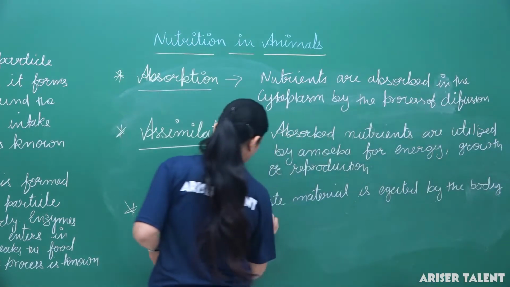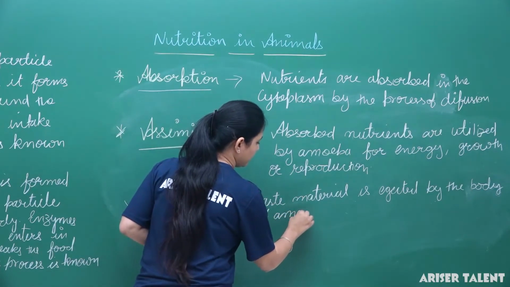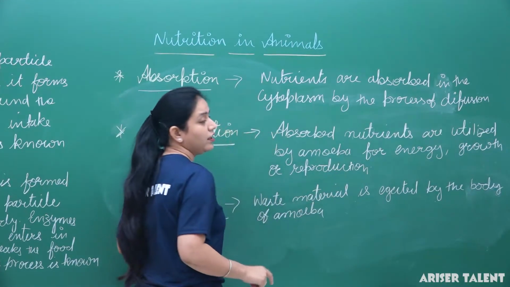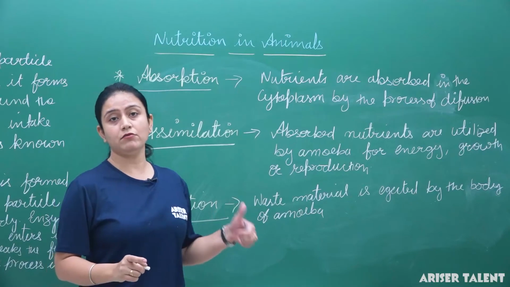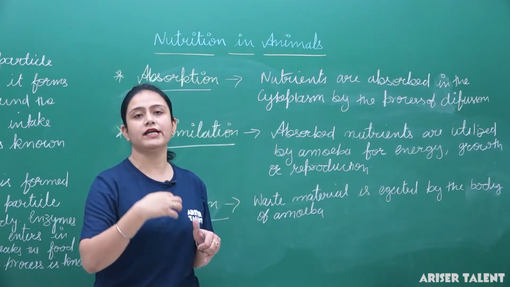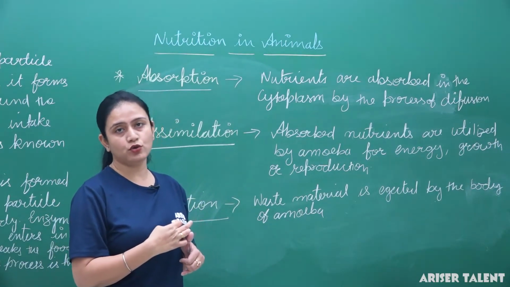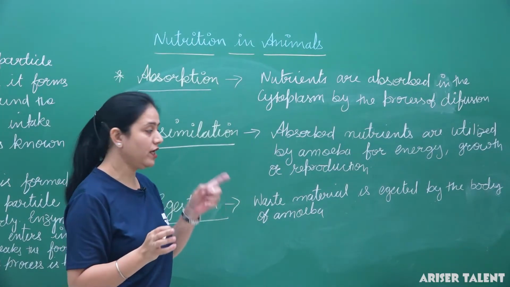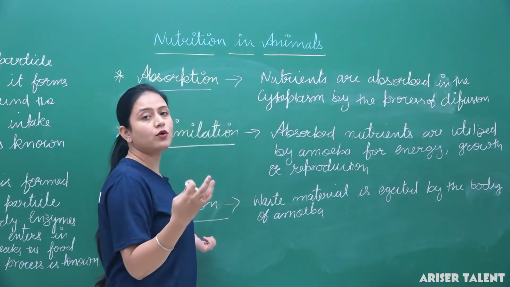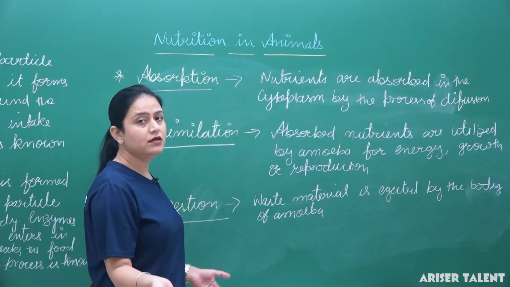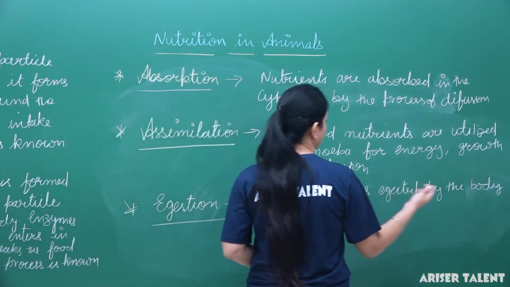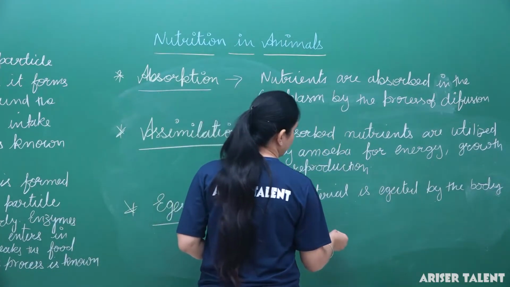Actually amoeba does not have any mouth or any anal, so as it gets the food particle through its skin only, it forms pseudopodia, as well as it throws out its waste material by the skin only. Okay, so waste material is ejected by the body of amoeba.